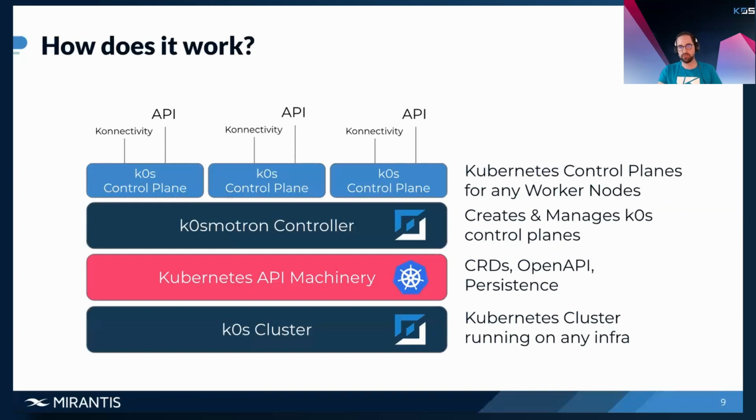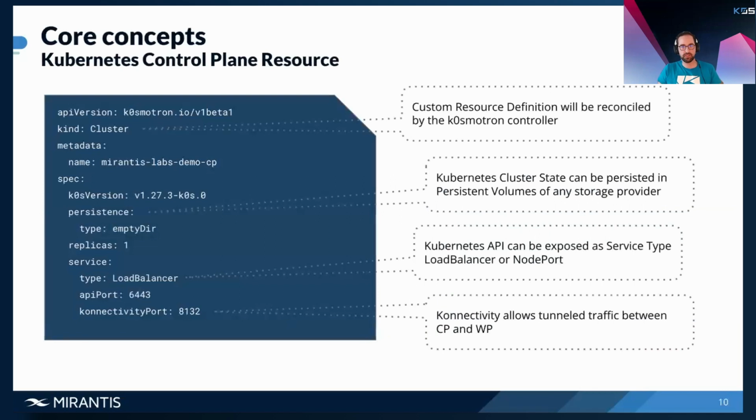So if we look into k0s, the k0s control planes, I've already mentioned CRDs, custom resource definitions. The core concept is a custom resource definition that we are creating with the k0smotron controller.